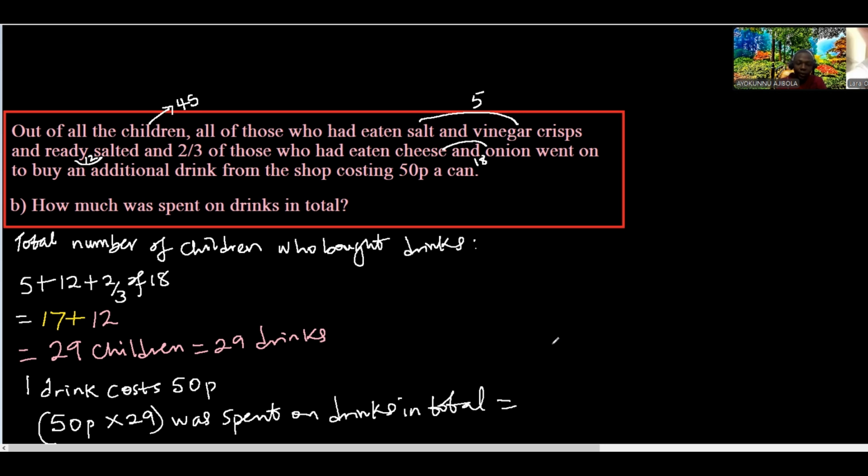Are you working it out or should I do it here? 50 times 29 gives us what? So that gives 1450p. I'm trying to do it myself. Never mind.